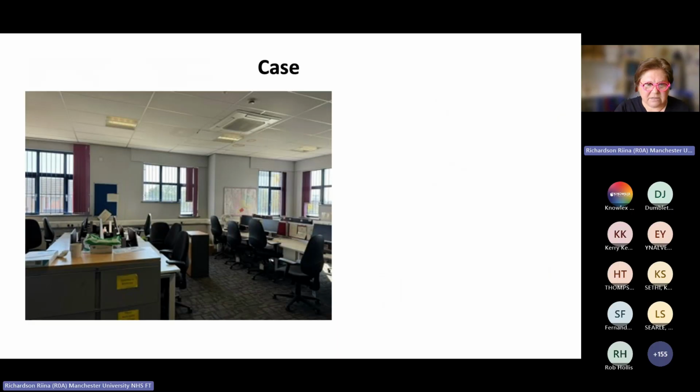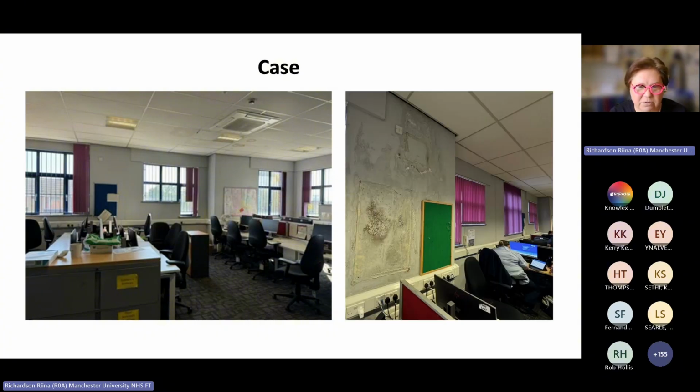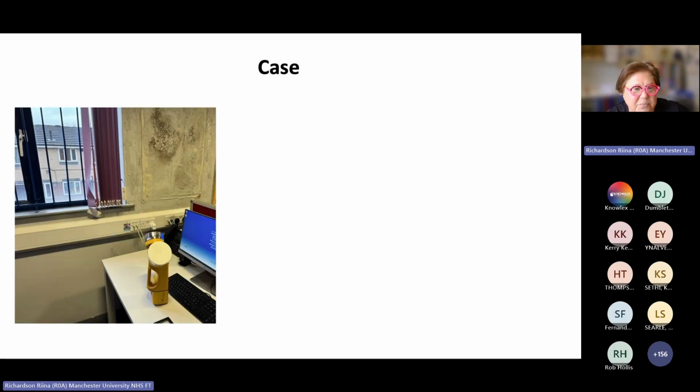So this case is an NHS office. I'm not giving you any more detail than that, and it looks okay, quite typical. But this is what was found behind a wardrobe, sorry, a bookshelf, and yes, the staff were complaining about respiratory symptoms.